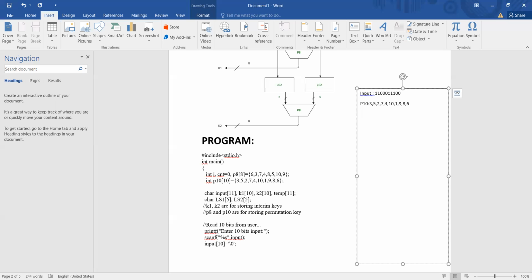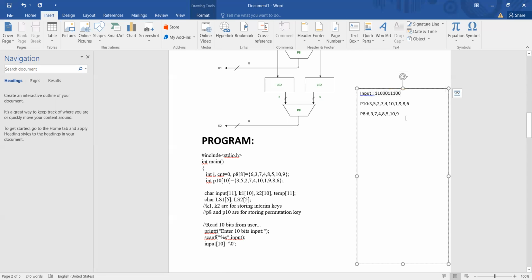And I will take P8 also now and explain it later: 6, 3, 7, 4, 8, 5. It could be random numbers. This is of size 10, and this is of size 8. These are the permutations we are going to use for this input.